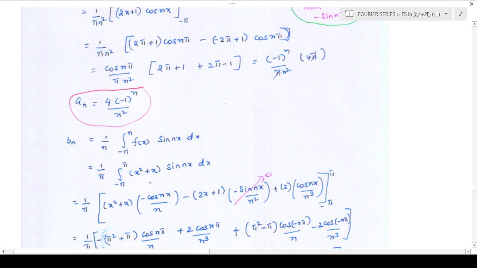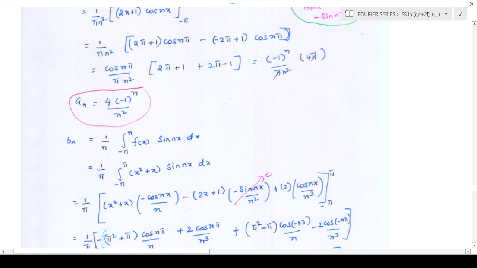Again, you are going for bn, 1 by pi, integral from minus pi to pi. f of x is x square plus x, times sin nx. Here 3 pairs of brackets because of x square. So first x square plus x, then 2x plus 1, then 2. Here for v1, you have to integrate this: minus cos nx by n. You integrate this: plus sin nx by n, already minus 1 by n is there, so minus 1 by n square is added.